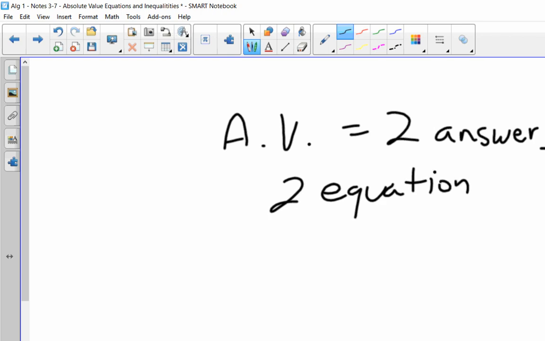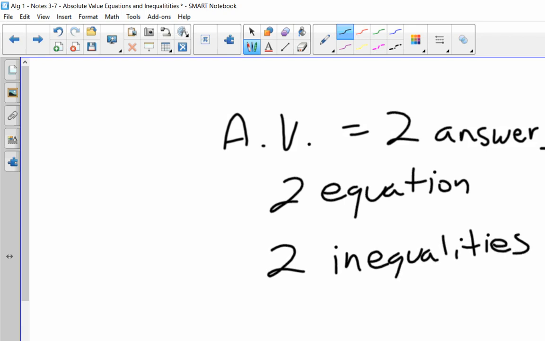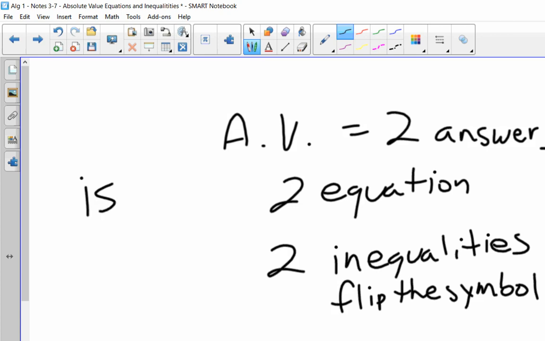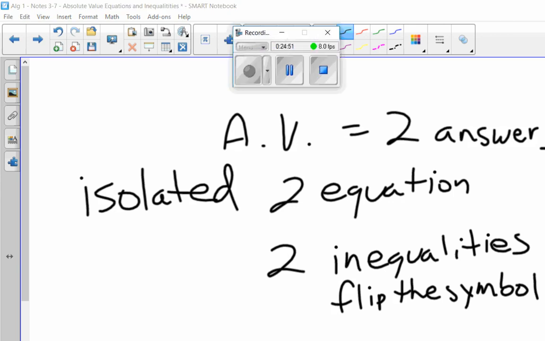And then if it's an inequality, you're still going to write 2 inequalities, but you need to flip the symbol in the other direction. So some unique things to each one, but you need to make sure that first off any absolute value is isolated. And I showed you a couple different examples, so that's why I really need you to go back and look at your notes and go over that.